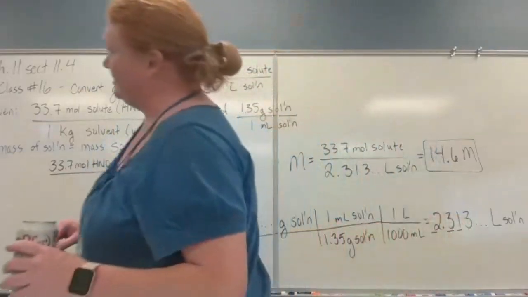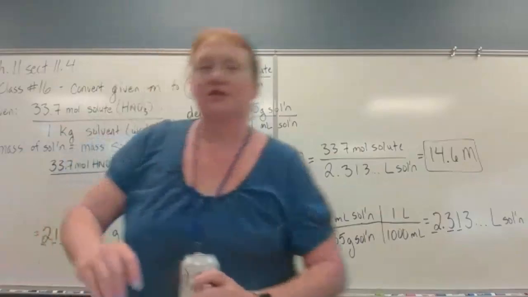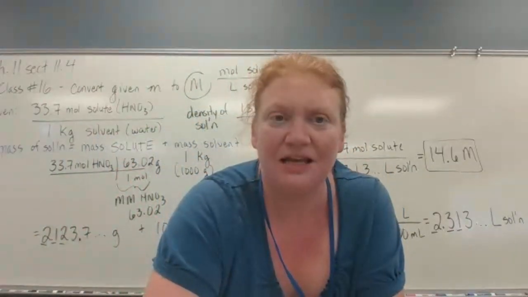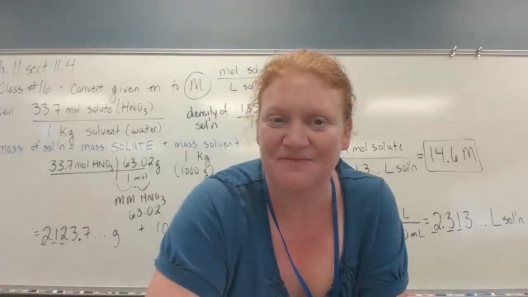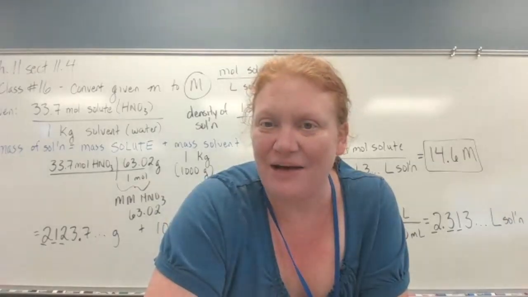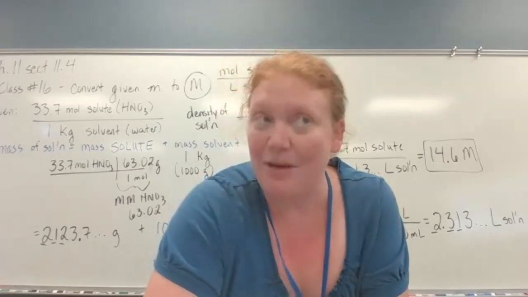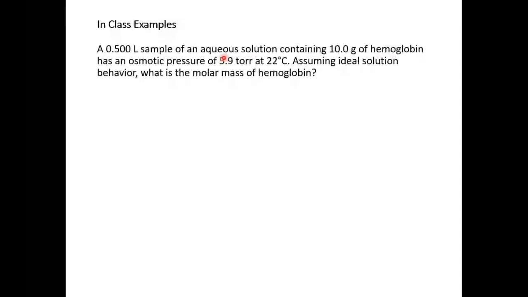So hemoglobin, I'm going to dissolve it in some water. Here's my atmospheric pressure. Here's my osmotic pressure, 5.9 torr. Okay, so here's what I was talking about, right? I have to have my pressure in units of atm. So I'm going to have to convert that. At 22 degrees C, I'm going to have to convert that, aren't I?